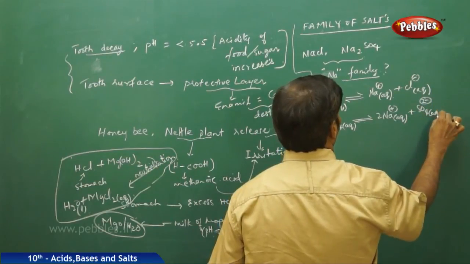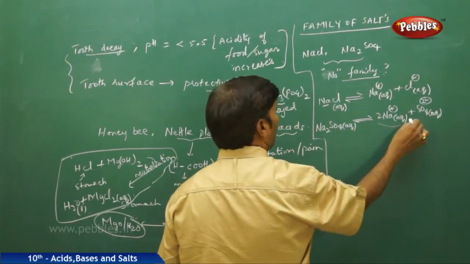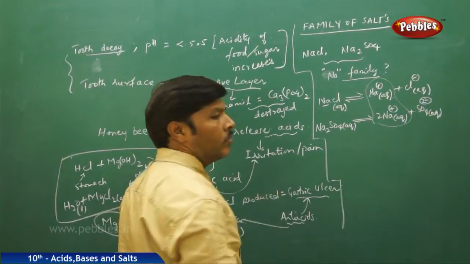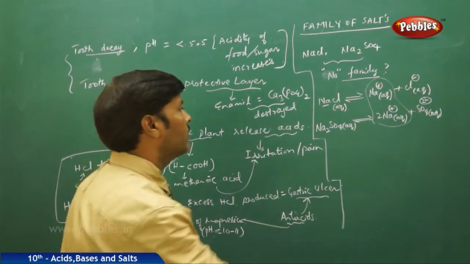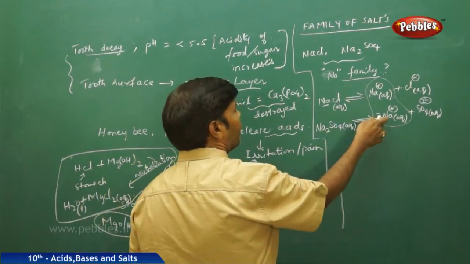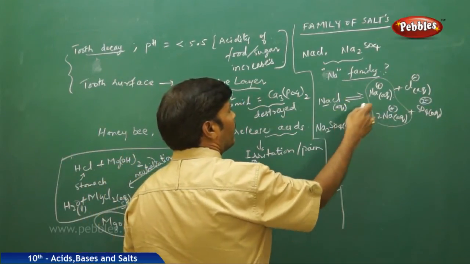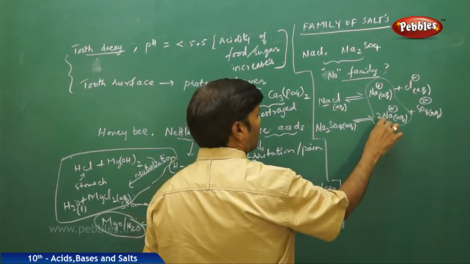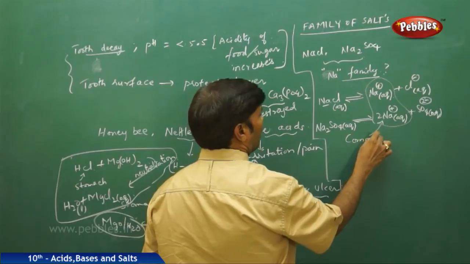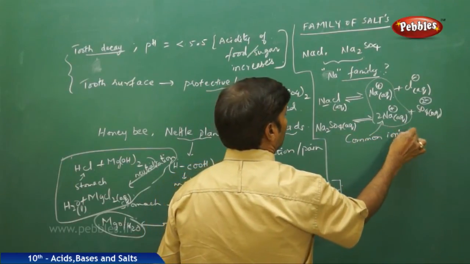What we notice here is a common ion. Both sodium chloride and sodium sulfate have the same common ion, sodium. That is why they belong to a common family, the sodium family.